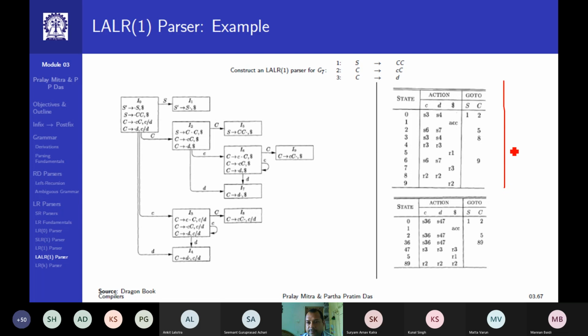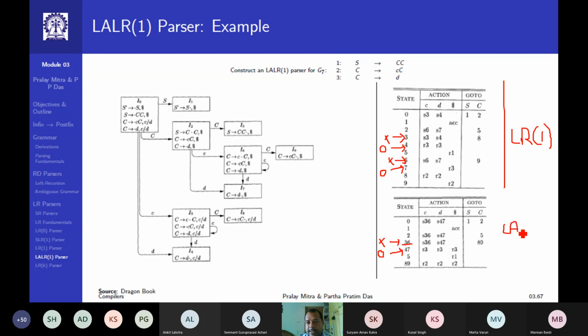So this is the parsing table for LR1. And as we suggested, 3 and 6 were merged or combined, and they are marked as 3, 6 here. 4 and 7 are merged again, and they are merged here as 4, 7.